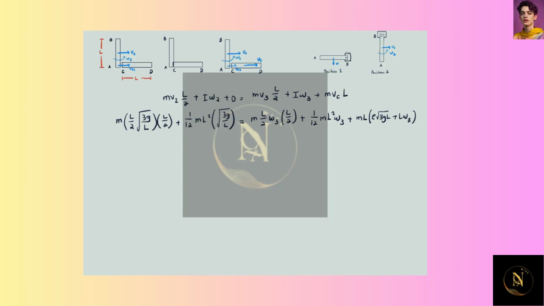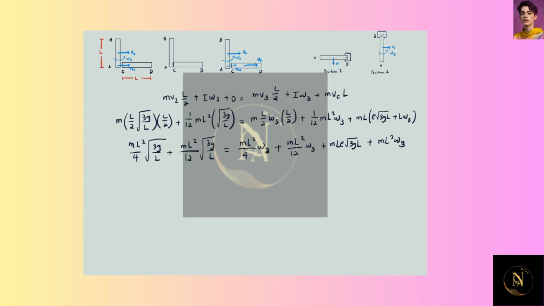Simplifying the equation and combining similar terms, we'll have m L squared over 4 times 3g over L plus m L squared over 12 times, again, 3g over L equals m L squared over 4 omega 3 plus m L squared over 12 omega 3 plus m L e square root of 3gL plus m L squared omega 3.